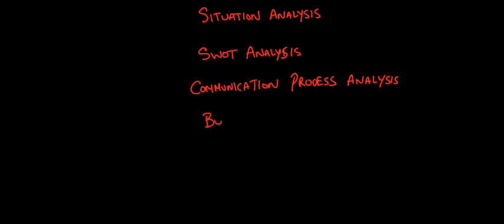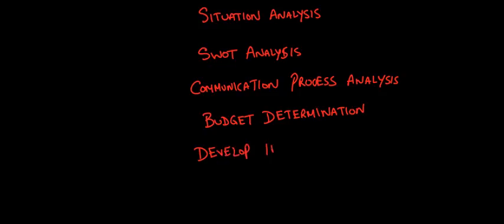Then the marketer does budget determination, because without a budget no marketing activity is possible. Then after determining the budget, they develop the integrated marketing communication program which will help them to reach the target audience.